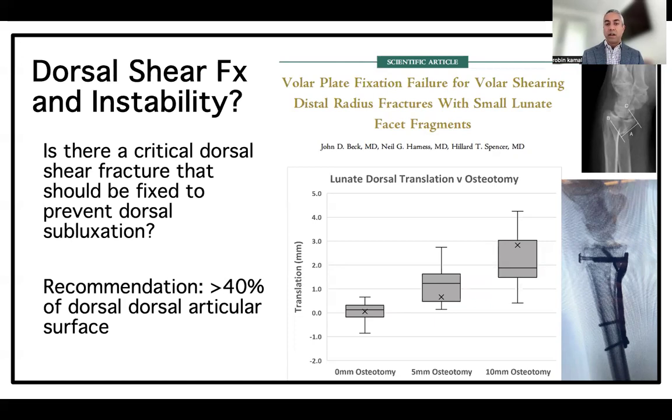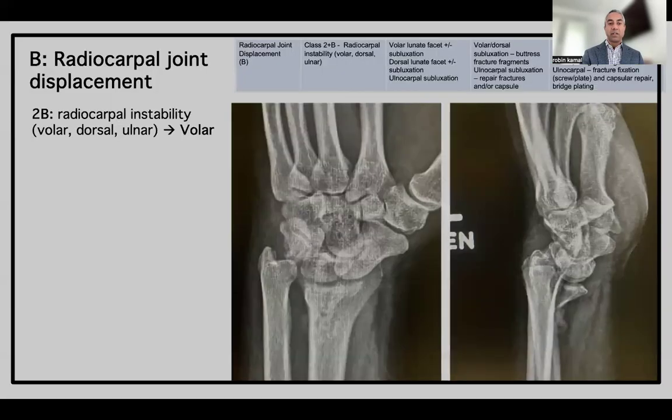Here's at least one study in cadavers that showed that when you reach at least 40% of the distal lunate facet fracture, you lead to at least 2 millimeters of subluxation of the carpus. So as a general rule, if you see anything close to 40% of the dorsal lunate facet fractured, you should be considering ways in which you're going to focus some attention on capturing that in your fixation construct.